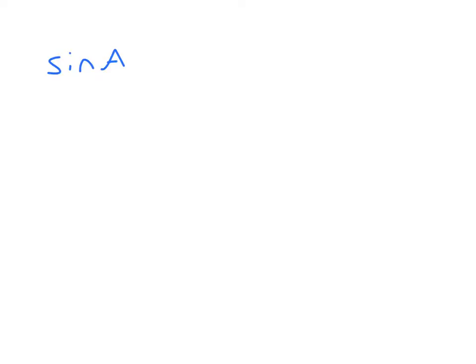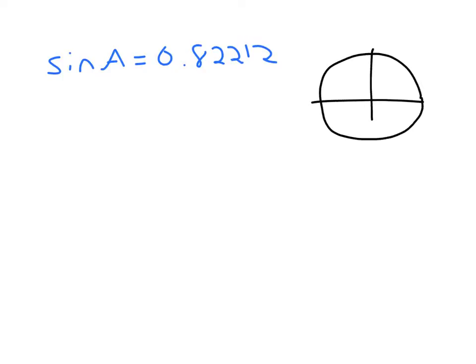So we left off with this. Now I like to visualize the values of sine by thinking about the unit circle. I'm going to focus on just the upper half of the unit circle here. Sine is the y-coordinate, so the maximum value up here is 1. 0.82212 is somewhere about here.